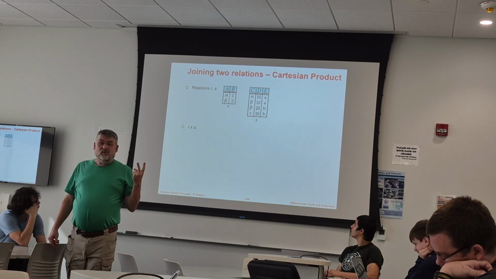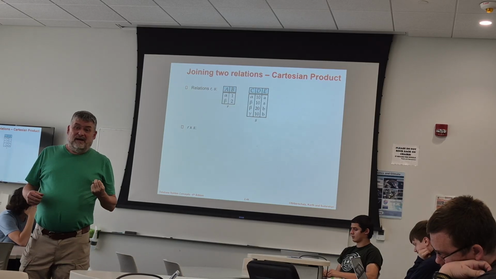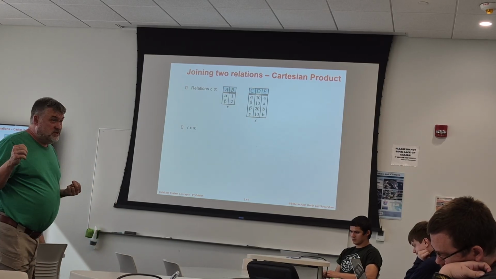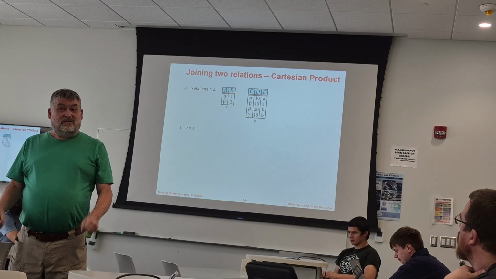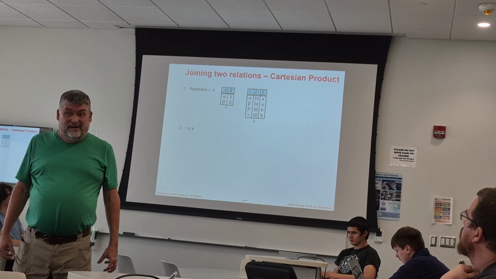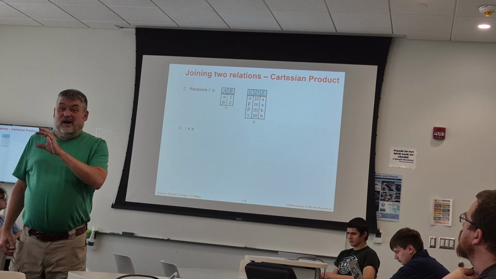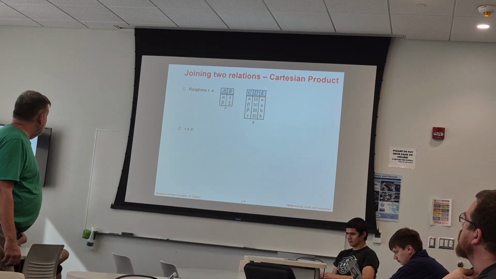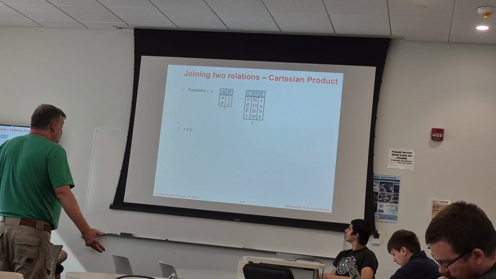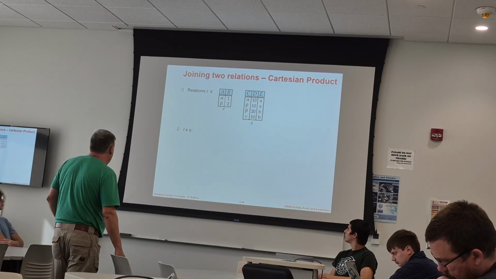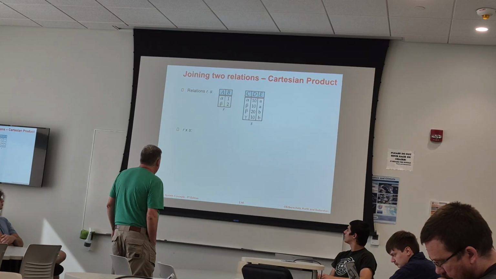R has 2 rows in it. S has 4 rows in it. My prediction is the Cartesian product of these two tables will have 8 rows in it, and that table will have 5 columns in it, since we're going to concatenate all of the columns together, essentially, right? Every row is going to have 5 values on it.